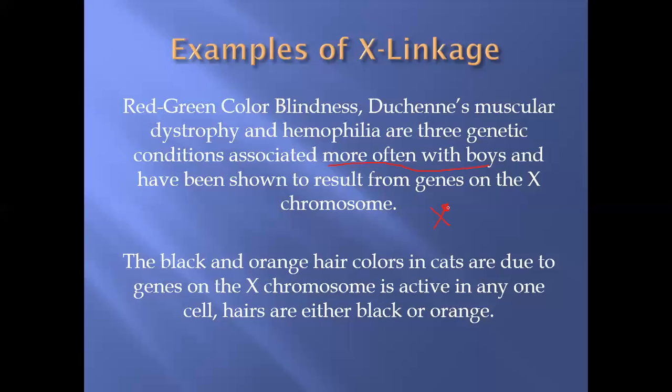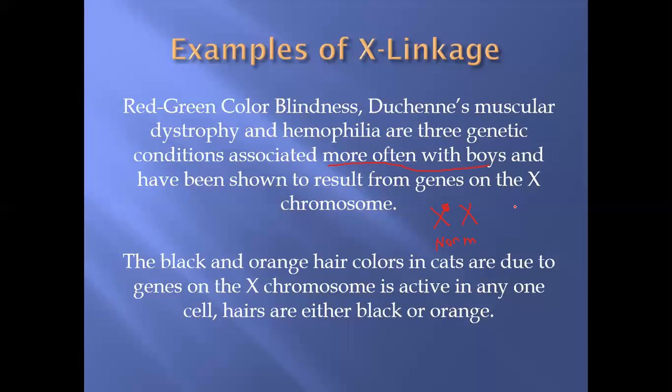I'm going to use this little bar on the top of the X to show a colorblind gene. Now, if you're a girl, or a female, and you have one normal chromosome and one with the colorblind mutation on it, you will still have normal vision. So this person would still have normal vision.